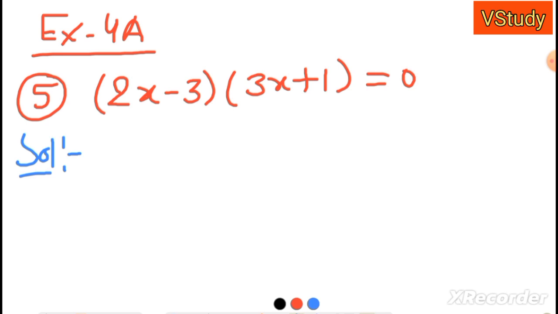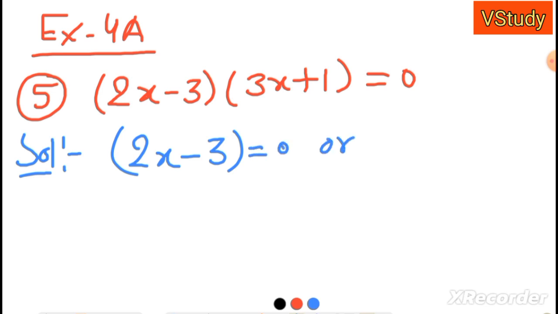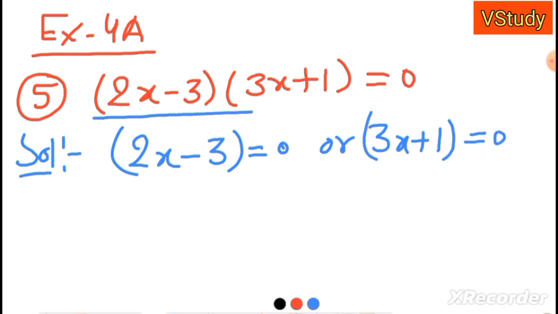To solve this quadratic equation means we have to find the roots or zeros of this equation. So for that we assume 2x minus 3 is equal to 0 or 3x plus 1 is equal to 0, because the product of these two numbers is equal to 0, so one of them should be equal to 0.